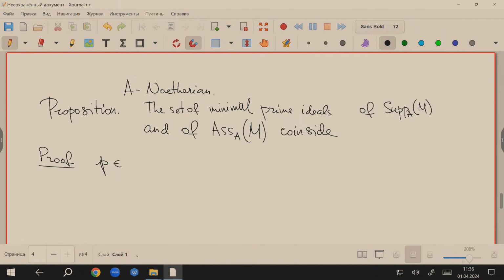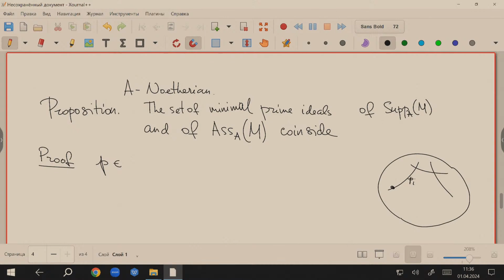And since they are of maximal dimension, from the viewpoint of ideals, they are minimal ideals that contain I. You are looking at the irreducible components, irreducible varieties that are not contained in the other components, and this corresponds to the set of minimal prime ideals, and this is precisely this set.